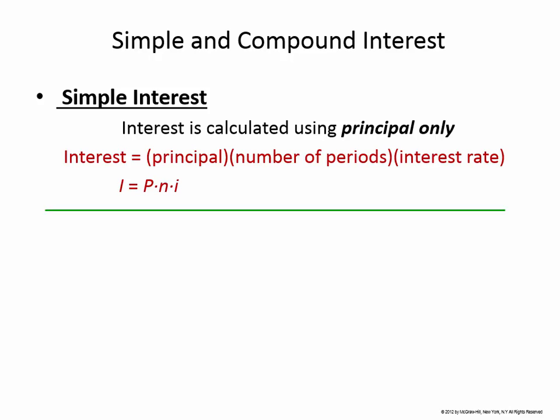So that example we did previous class was an illustration of simple interest. It's where you're only considering the principal, which is the original amount that the bank loaned you. And so for a formula, we can calculate the quantity of the interest, I, by looking at that principal amount, the number of periods, and then the interest rate per period.